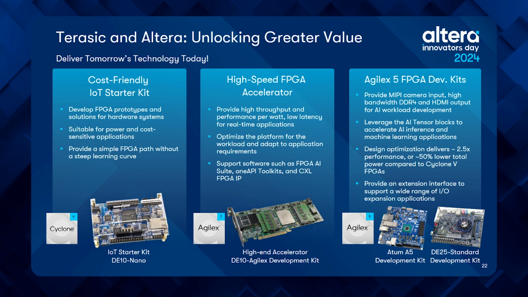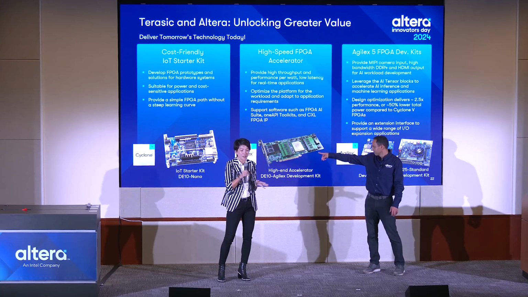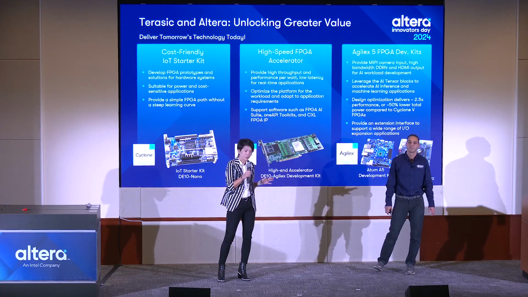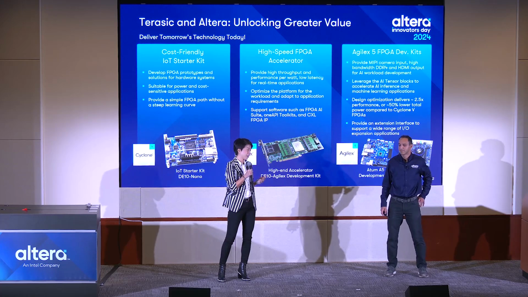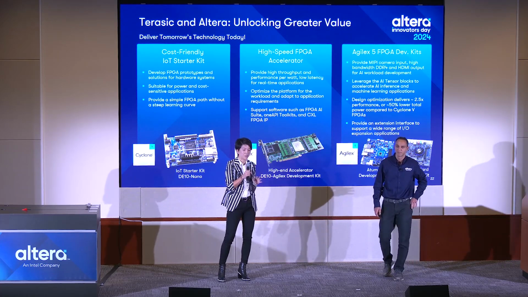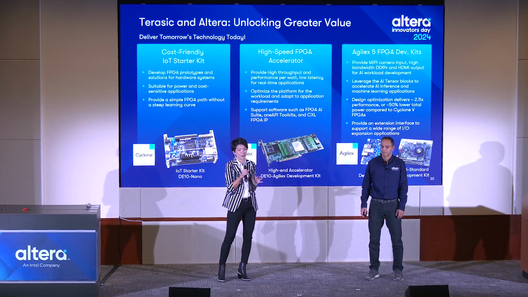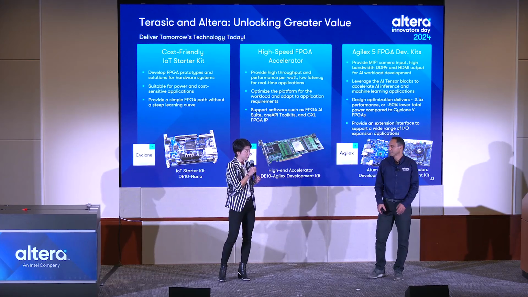For entry-level starter kits, we designed a variety of cost-friendly FPGA starter kits, such as the famous DE2, the DE10 Nano, which is based on Cyclone 5, and the DE10 Lite board. These two boards are around $100, so they are very cost-friendly, and they are loved by global universities as well as industry.